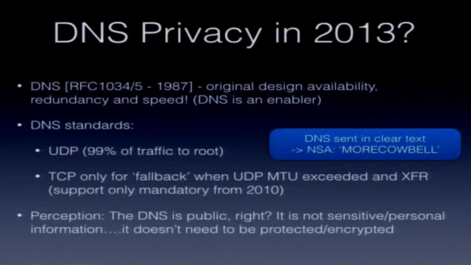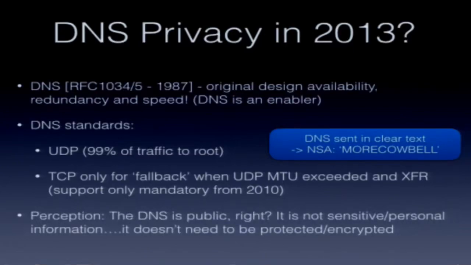There was a lot of bad hair, a lot of good music, and the DNS was being standardized at that time. To put it in context, at that time, it was a building block in the internet. The main goals behind the design of the infrastructure of the DNS were availability, redundancy, and also speed. Those were the things foremost in the minds of the people developing the protocol.